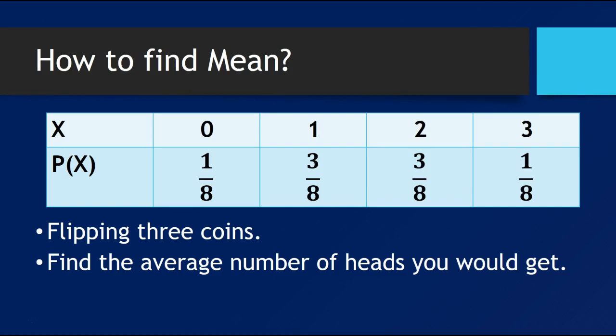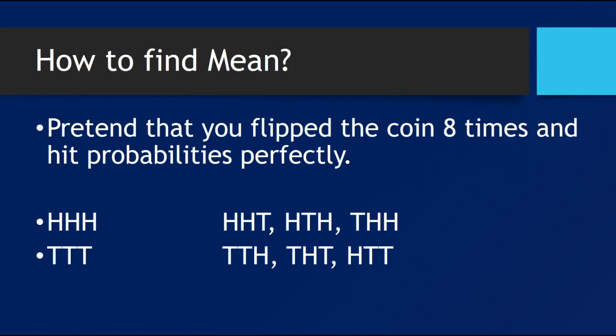Now, the way we got this probability distribution was in the following sense. We listed out all of the different sequences of 3 flips of a coin. So pretend that I flipped a coin 3 times. It is possible to get heads, then heads, then heads again. It's also possible to get 2 heads and 1 tails.